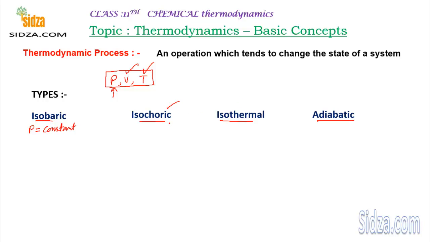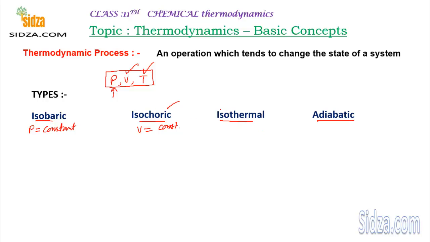And isochoric is a process in which the volume of a system remains constant, right? So there can be a change in the temperature, there can be a change in the pressure also in the isochoric, but the point is, the volume of the system remains constant, fixed, and then it's called an isochoric process.